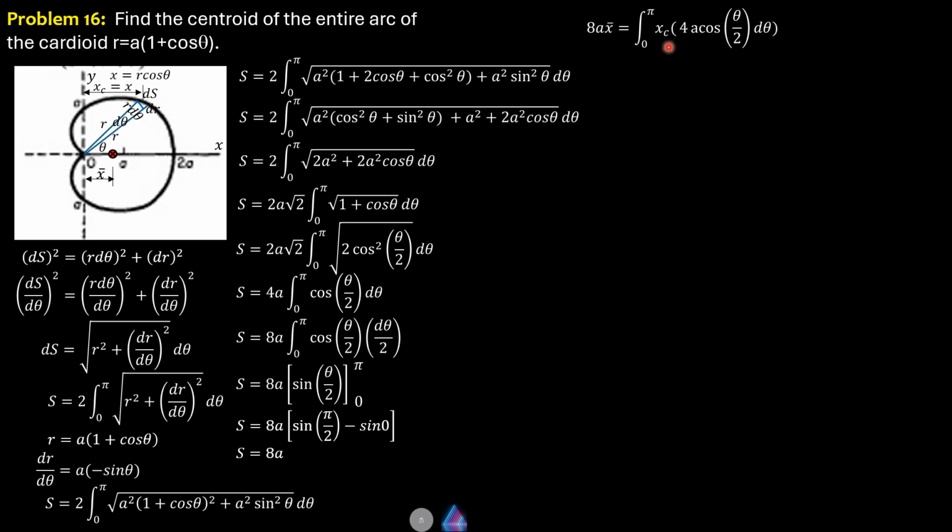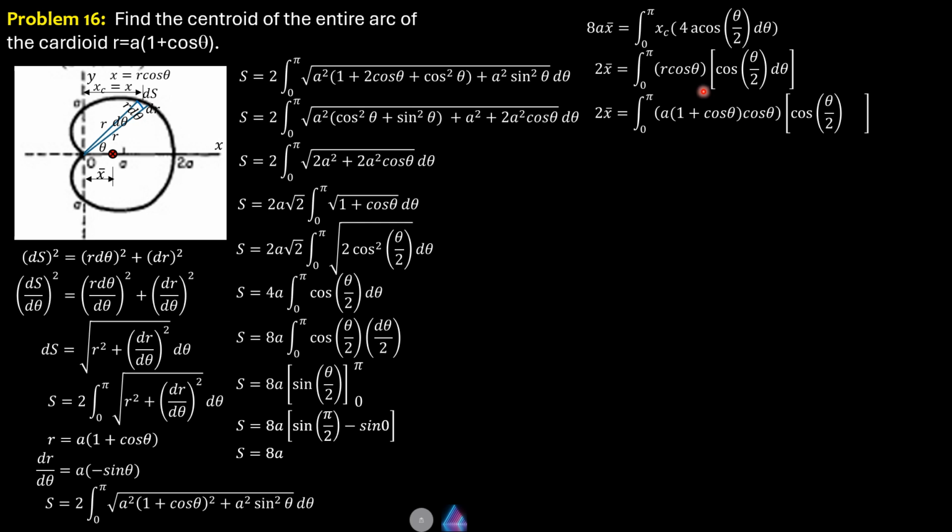Then integral of x sub c, which is r cosine theta, then cosine theta over 2 d theta. So we replace r equal to a quantity 1 plus cosine theta here, then times cosine theta, then times quantity cosine theta over 2 d theta.